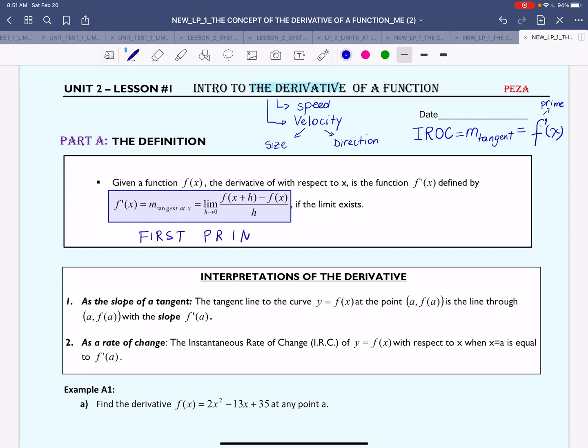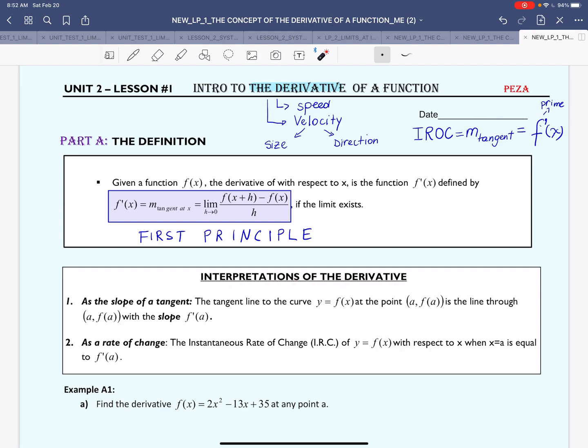Okay, so as we study each group of functions, like polynomial, rational, etc., we're going to learn how to find the derivatives using a specific formula for each group of functions. But this formula here, the first principles, will help us discover those special formulas for each group of functions. So, what is the interpretation of derivatives?